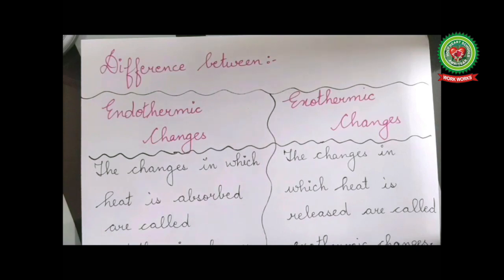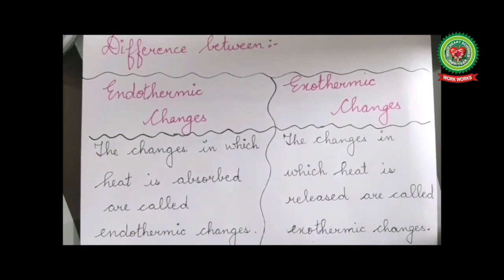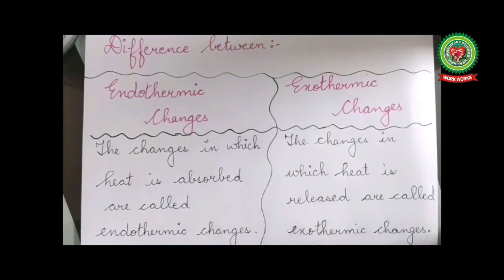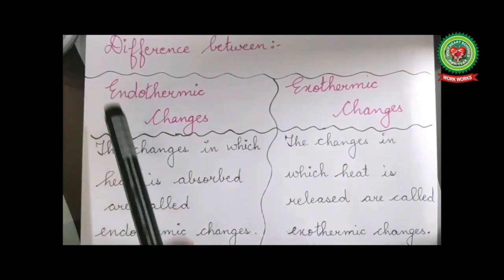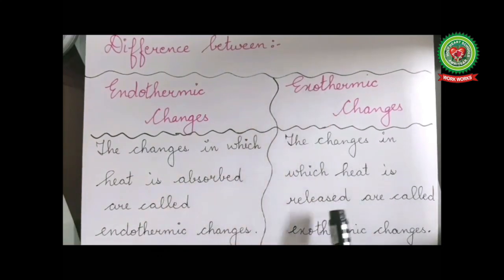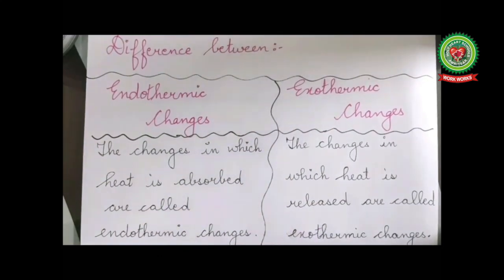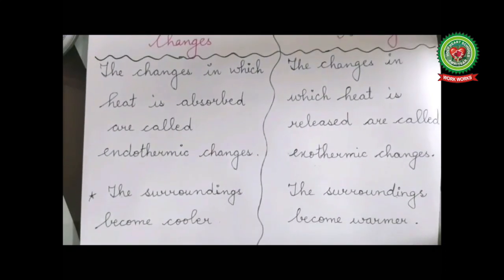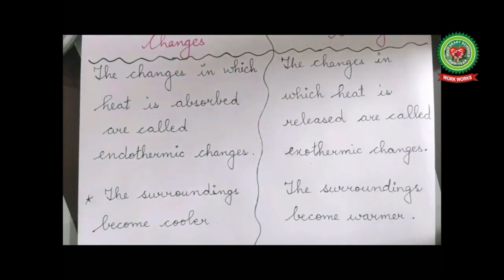Now next is difference between endothermic changes and exothermic changes. The changes in which heat is absorbed are called endothermic changes, and the changes in which heat is released are called exothermic changes. Endo, absorb, exo, release. The surroundings become cooler and the surroundings become warmer.